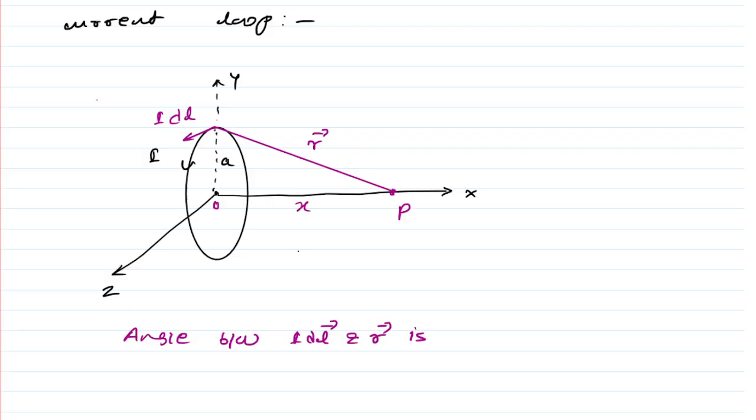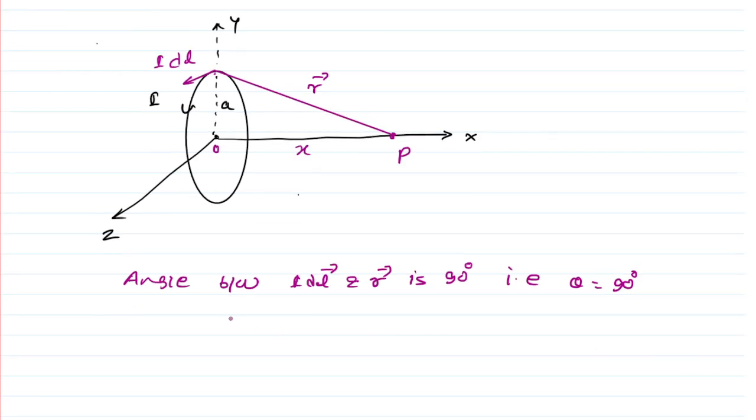So now if we apply the Biot-Savart law with theta equal to 90 degrees, the field at point P due to current element will be dB equal to mu naught by 4 pi, and no need to write the vector sign, we are writing only magnitude, I dl into r into sine theta upon r cube.